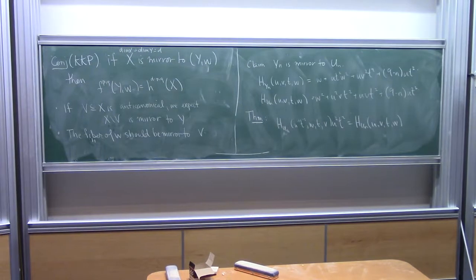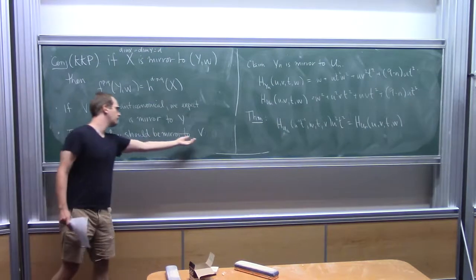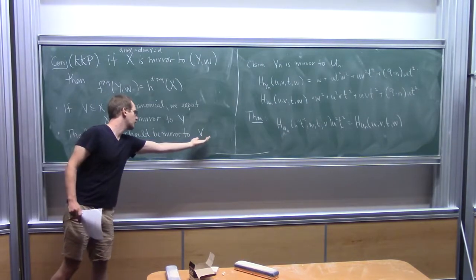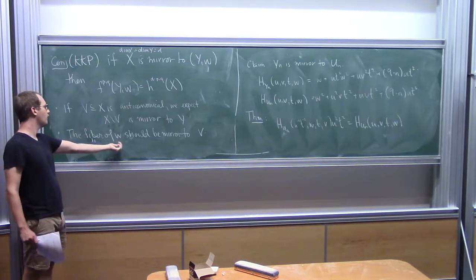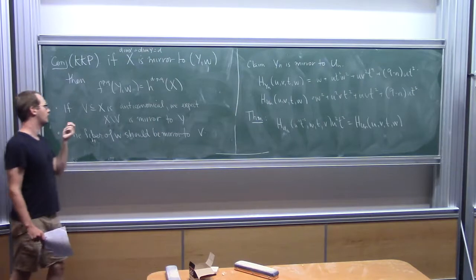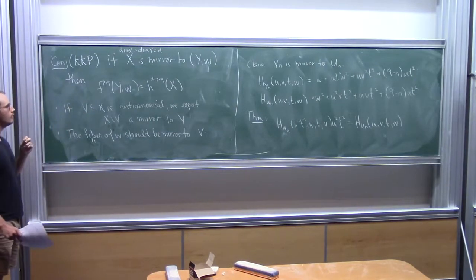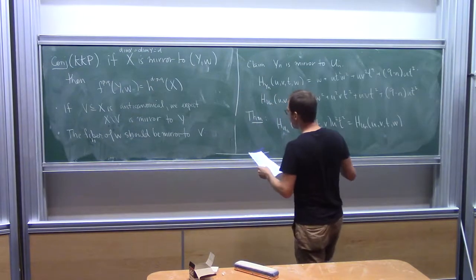So there should be three different forms of mirror symmetry going on here. If we assume that V is compact and smooth, then we expect the fiber to be compact and smooth as well. So we should have mirror symmetry for Calabi-Yaus, for log Calabi-Yaus, and for Fano-Landau-Ginzburg types.